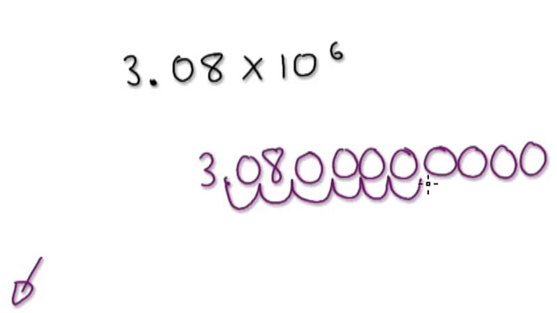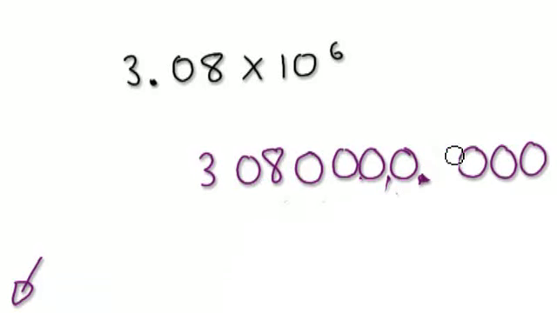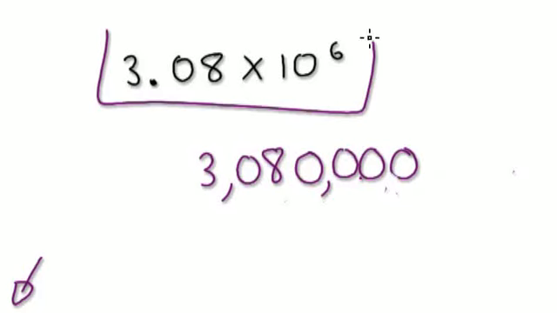So the answer is here, the decimal is right there. Let's erase these. It's pointless writing a decimal and then blank, so we can remove the decimal. So the overall answer would be 3,080,000.